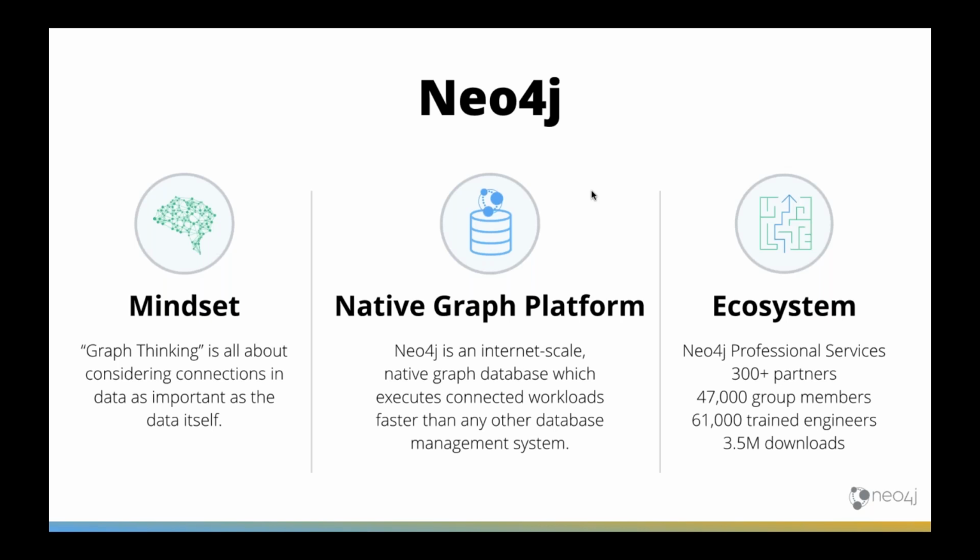And we have an amazing number of group members and trained engineers, as well as 60,000 developers and engineers that have actually participated in Neo4j training. I can't say enough about the power of that. We have stored procedures that are open source, with a huge number of contributors, to make procedures so it's easier and quicker to do very repetitive things in Neo4j. It's really a very vibrant ecosystem.